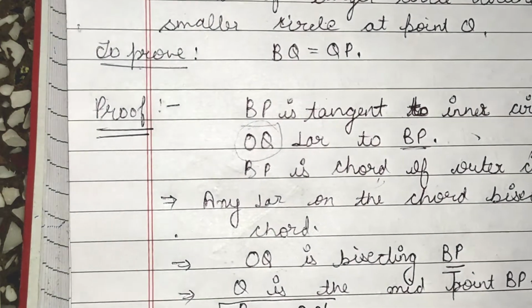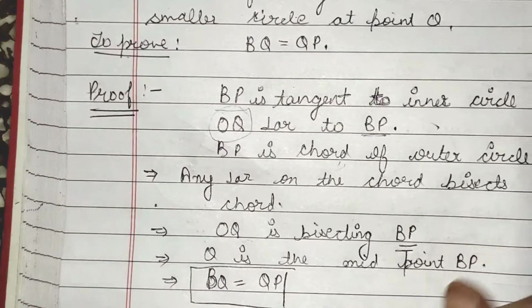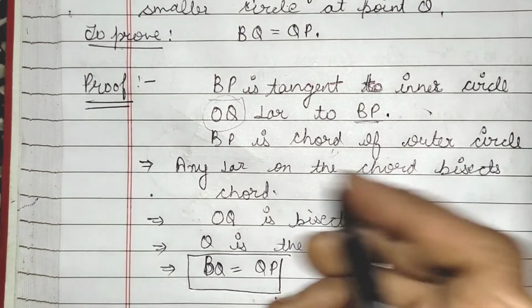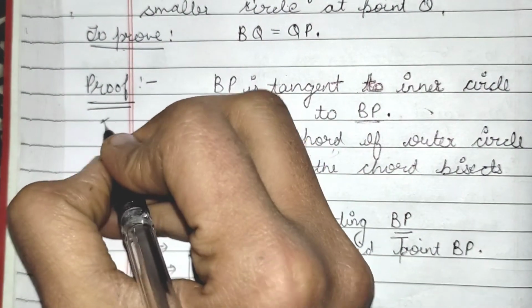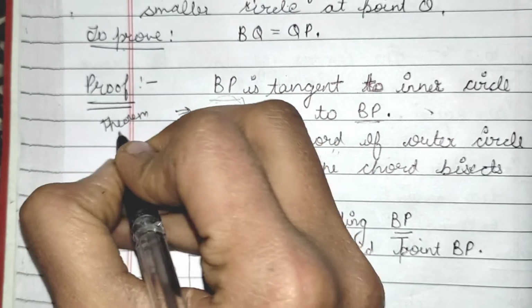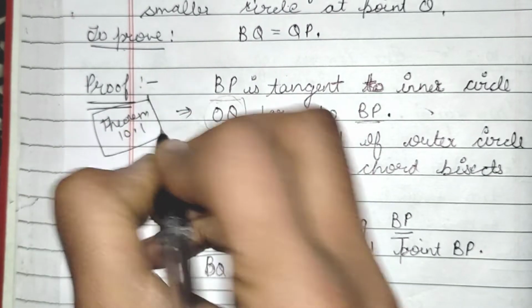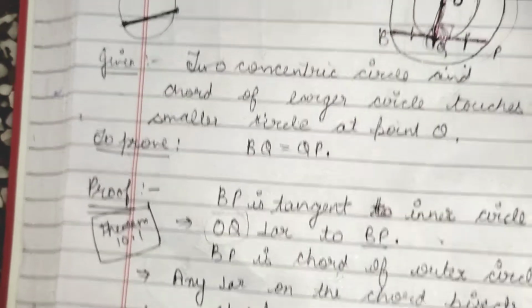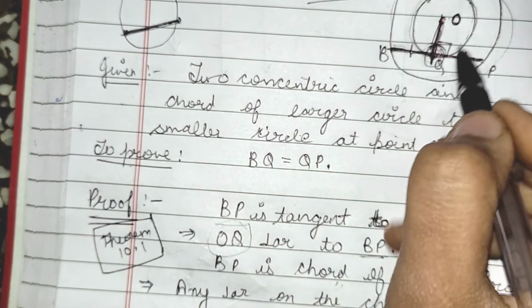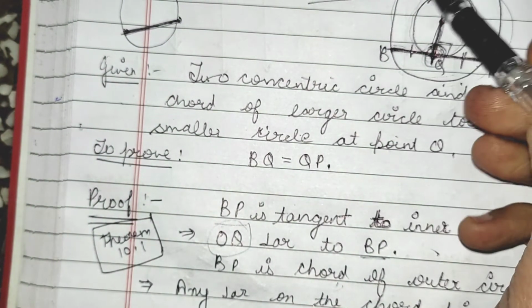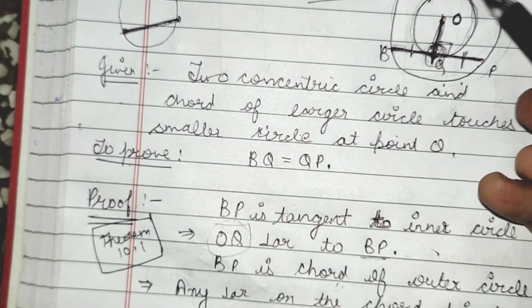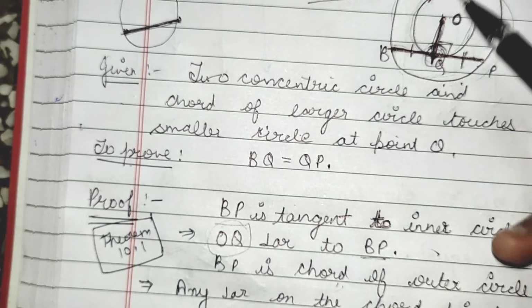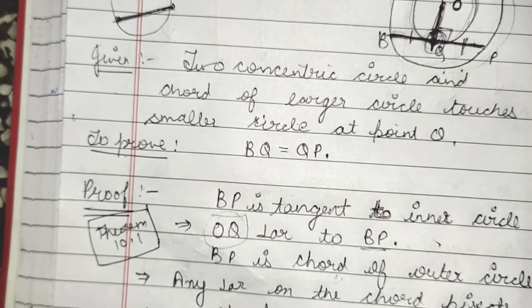Okay, so we have used two theorems while solving this example. The very first is the theorem number 10.1, for which we have used the concept of tangent with the inner circle, and the second theorem which you have studied in class 10th is related to the chord and the perpendicular.